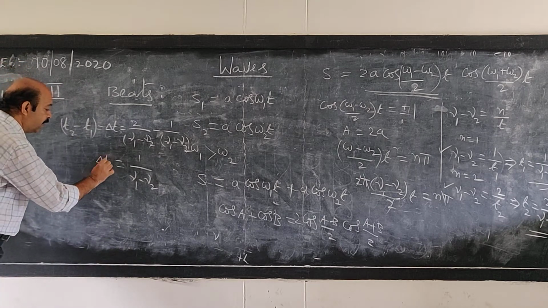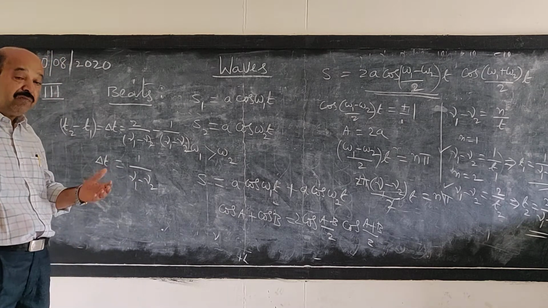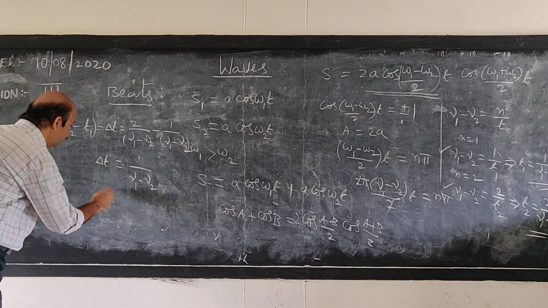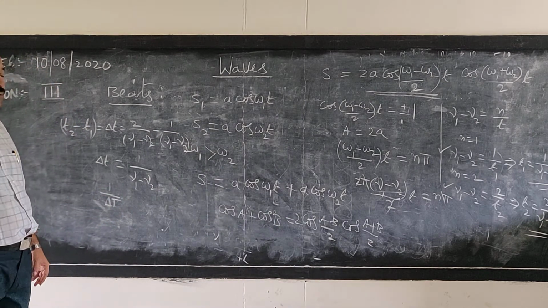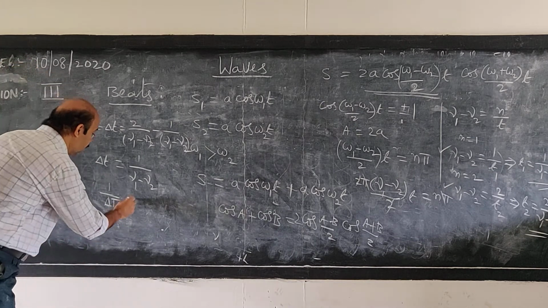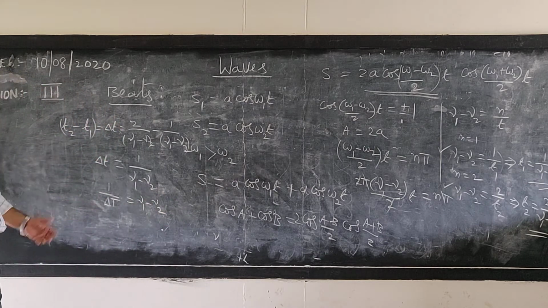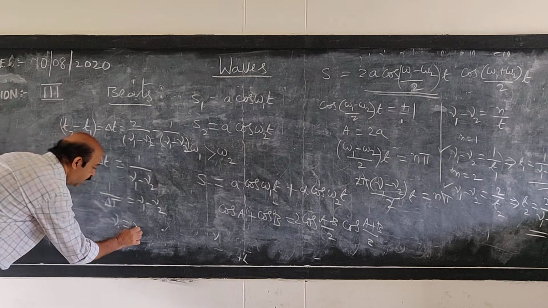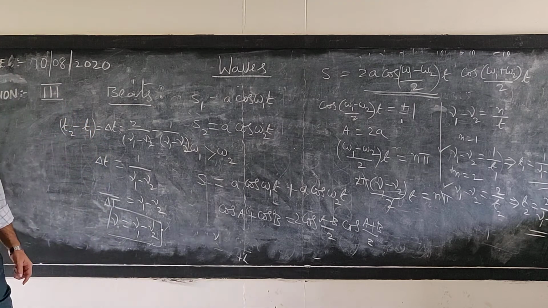So the time interval between two successive maximum amplitudes is given by this. The reciprocal of this period is the frequency, equal to mu 1 minus mu 2. So this is the frequency of the beat.